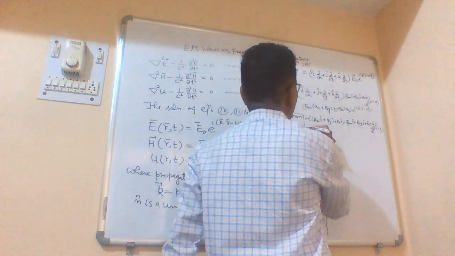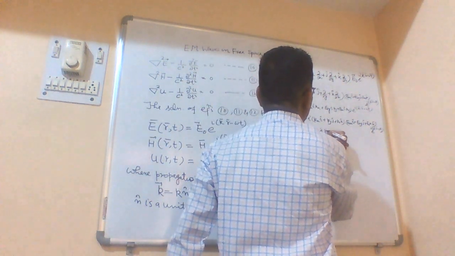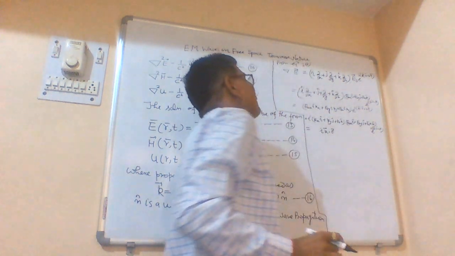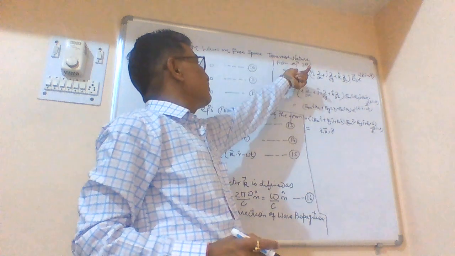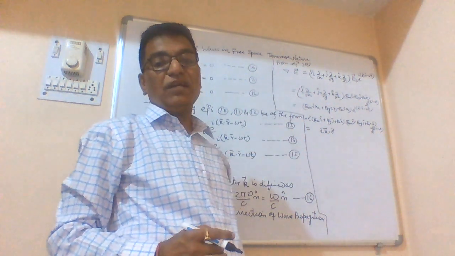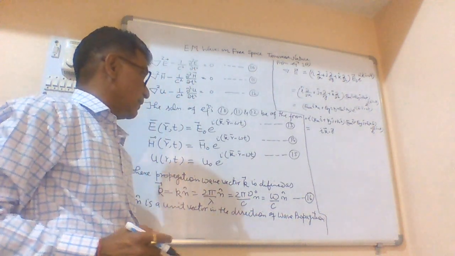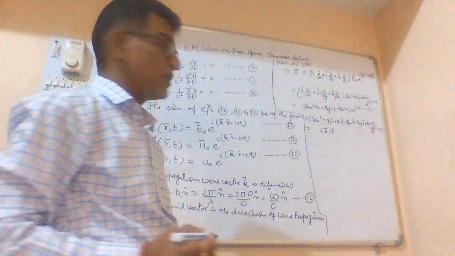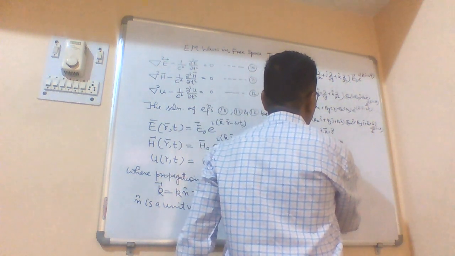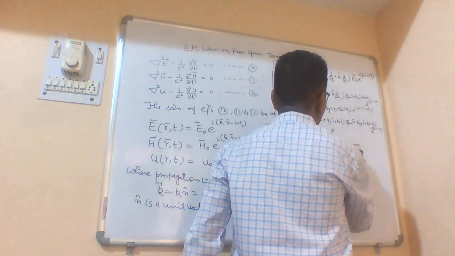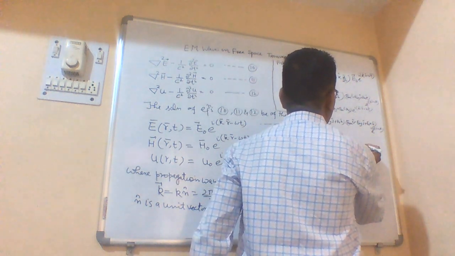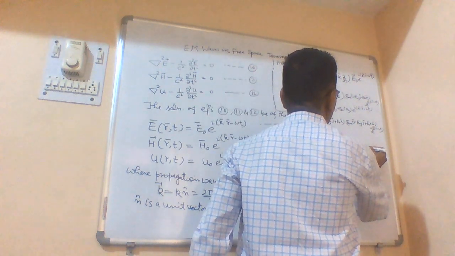So simply we have got i k dot E. So the operation of the divergence on the electric field E provides simply i k dot E. Similarly, we can write the value of the divergence H. So divergence H, del dot H, is equal to i k dot H.